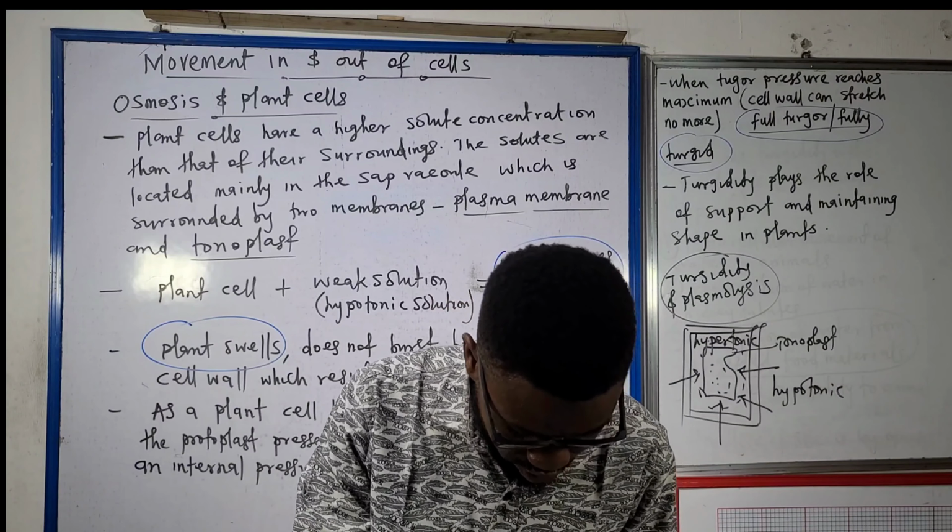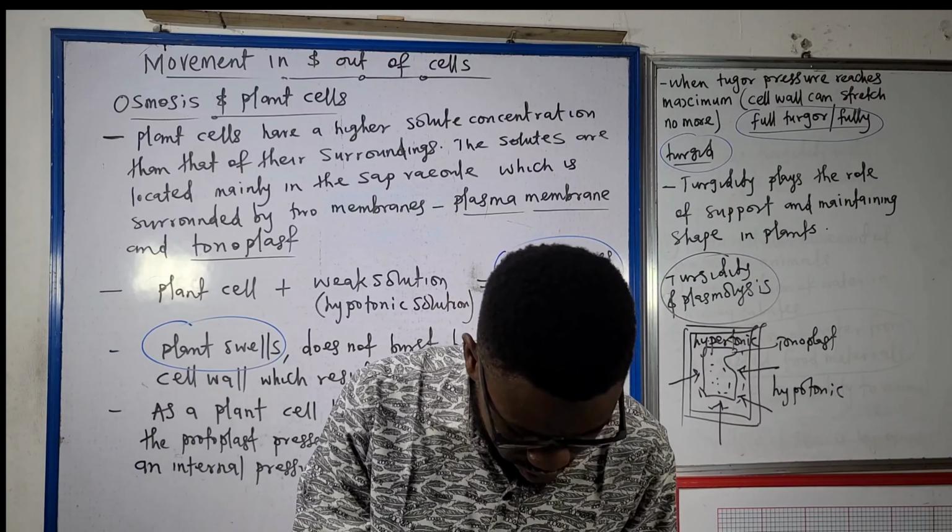Talking about plasmolysis, as I've shown you, if you allow a plant cell to stand in a hypertonic solution, according to osmosis, water must move from a region of hypotonic solution, that's from a region of lower solute concentration, to a region of higher solute concentration. So water is going to be drawn out of the sap vacuole. That's why I said plant cell placed in a hypertonic solution, which is on the outside, means water is going to be drawn out.